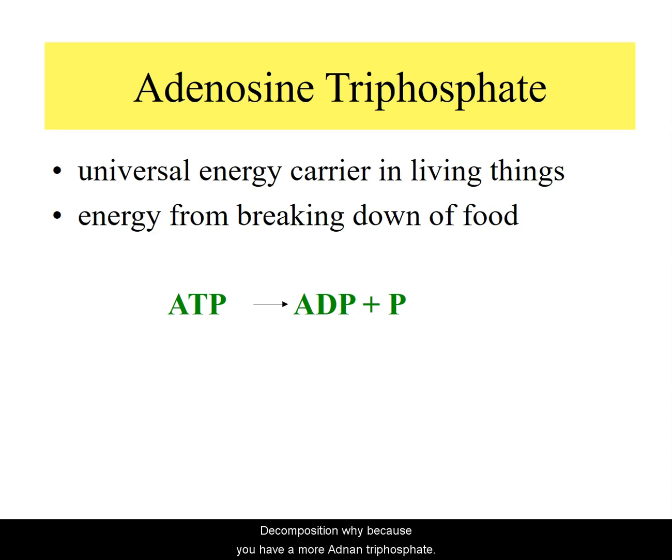Because you have adenosine triphosphate down to adenosine diphosphate plus a phosphate. This ATP is a larger, more complex molecule that is broken down into 2 simpler ones. And when that happens, energy is released. So it's decomposition. It's exothermic because energy is released.